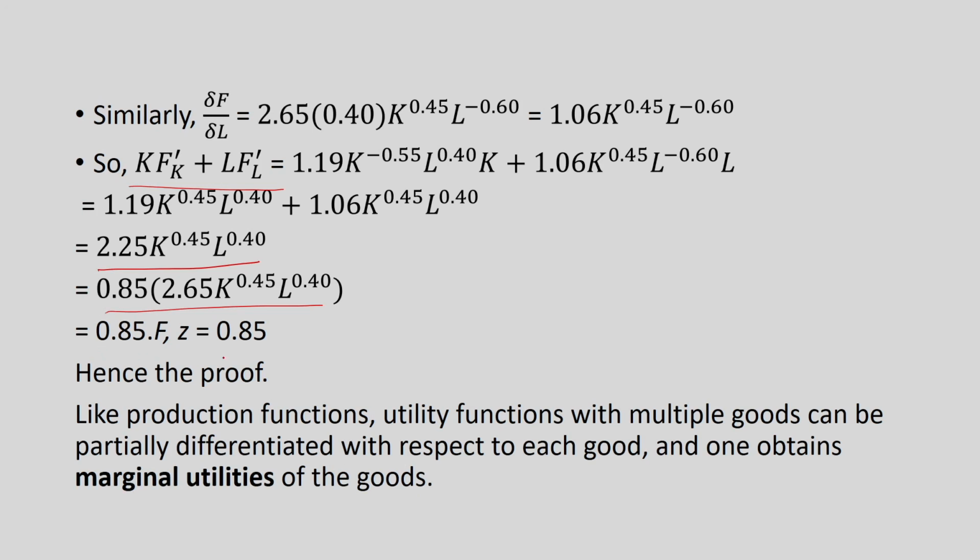So, we have basically proved the thing for z is equal to 0.85. So, the proposition that was supposed to be proved is correct if z is equal to 0.85.